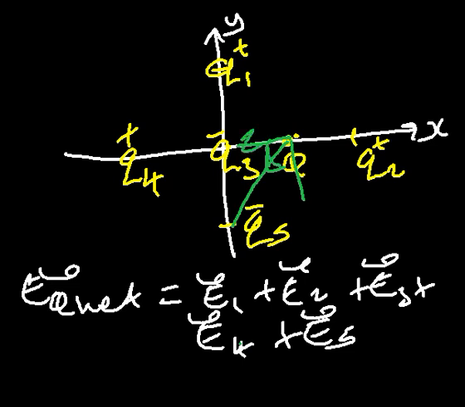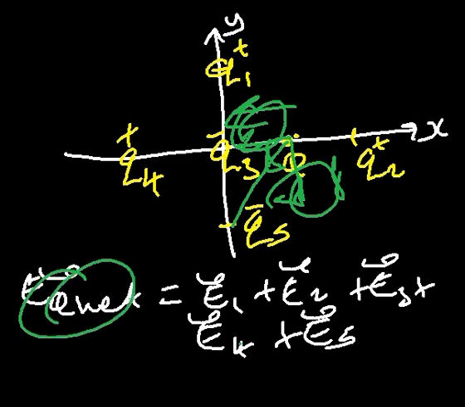This is the x component towards this direction, and this is the y component down, so both will be negative. Then you add all the x components and y components and find the magnitude as well as the direction of the electric field at point Q in that way.